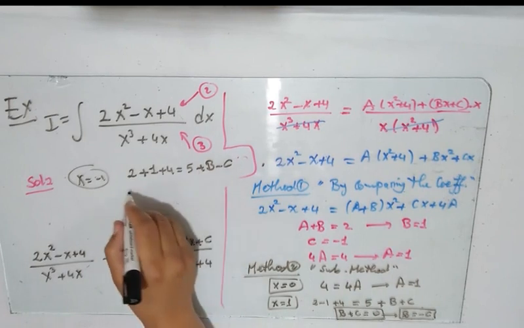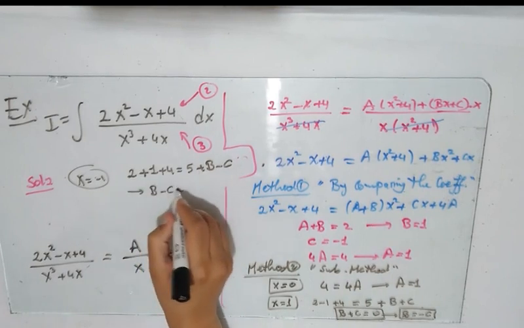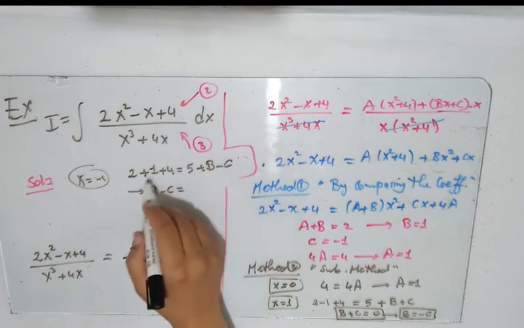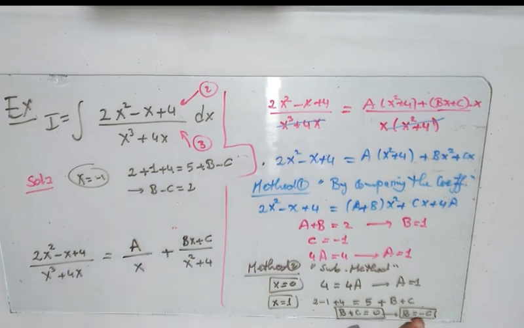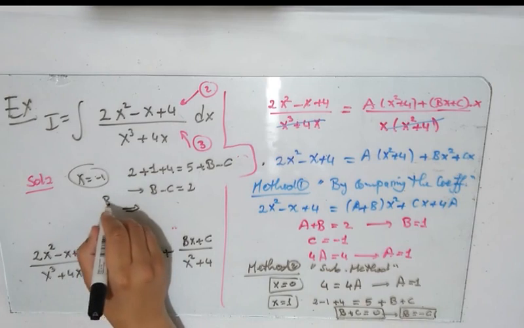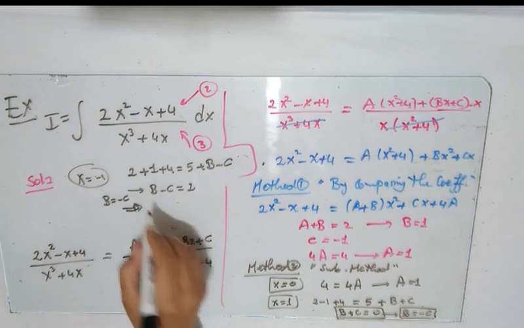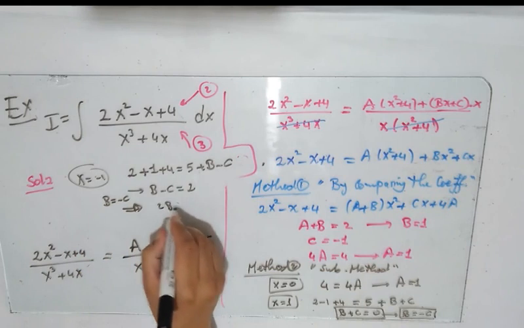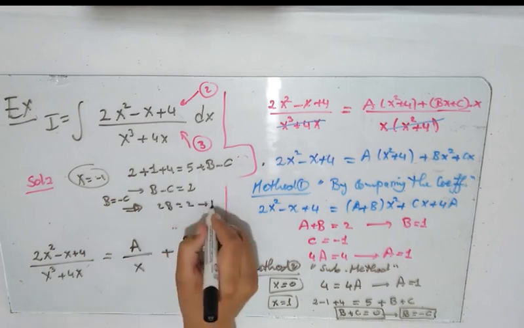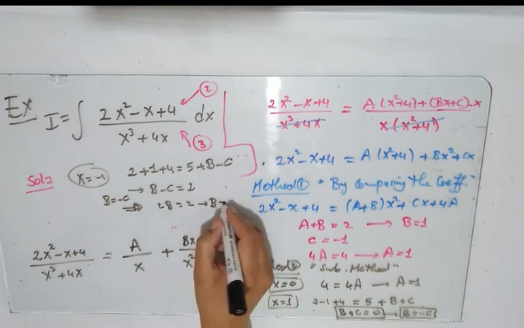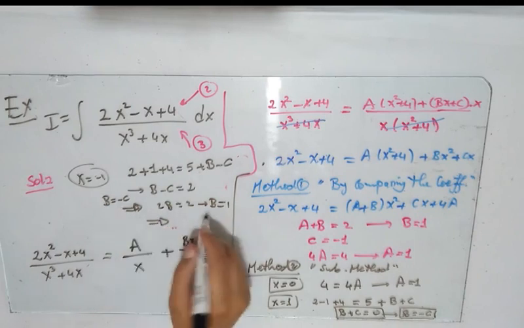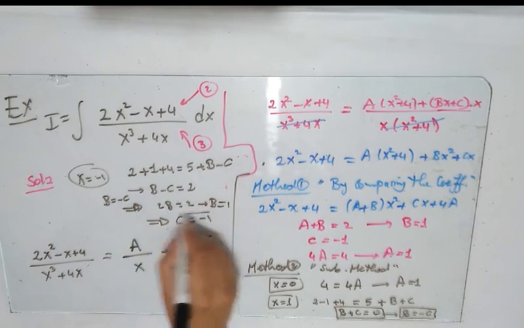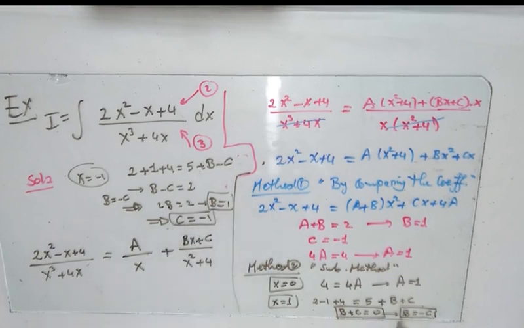So this will give you that b minus c equals 2, but we know that b equals -c. So since b equals -c, you get 2b equals 2, so b equals 1. And since b equals negative c, c equals negative 1, which is the same as the values that we got using the first method.